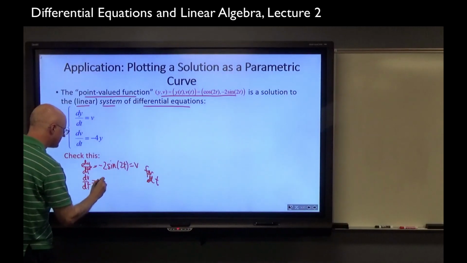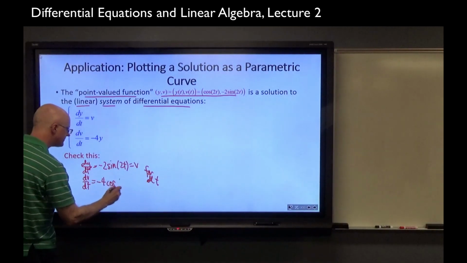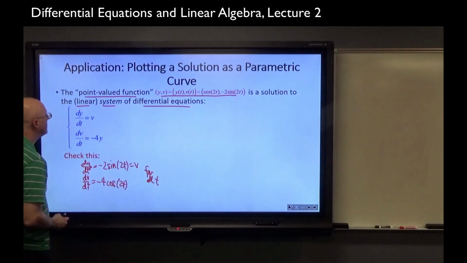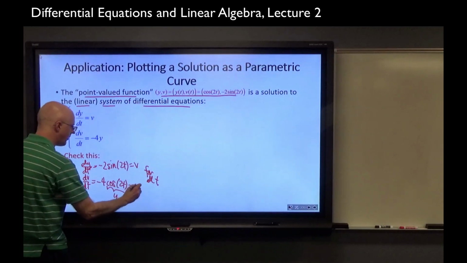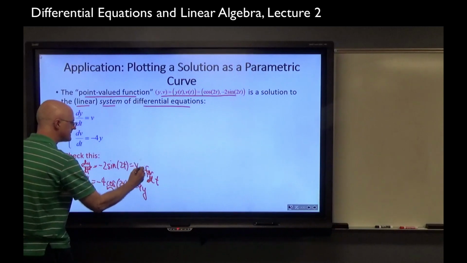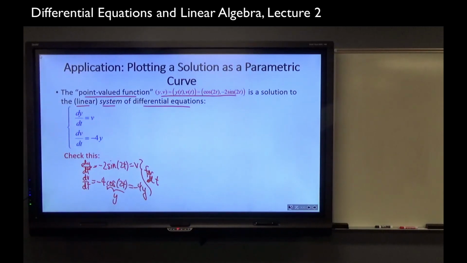I'm going to get negative 4 cos 2t. And this thing here equals y. So this is negative 4y. This is true for all t. That checks that this is a solution of this system of differential equations. Both equations need to be true along a solution curve. All right, so that checks it.